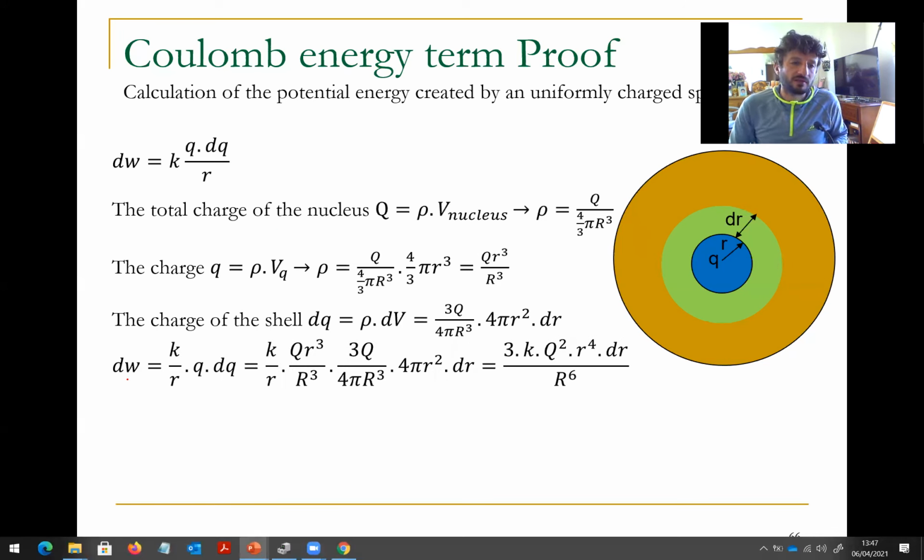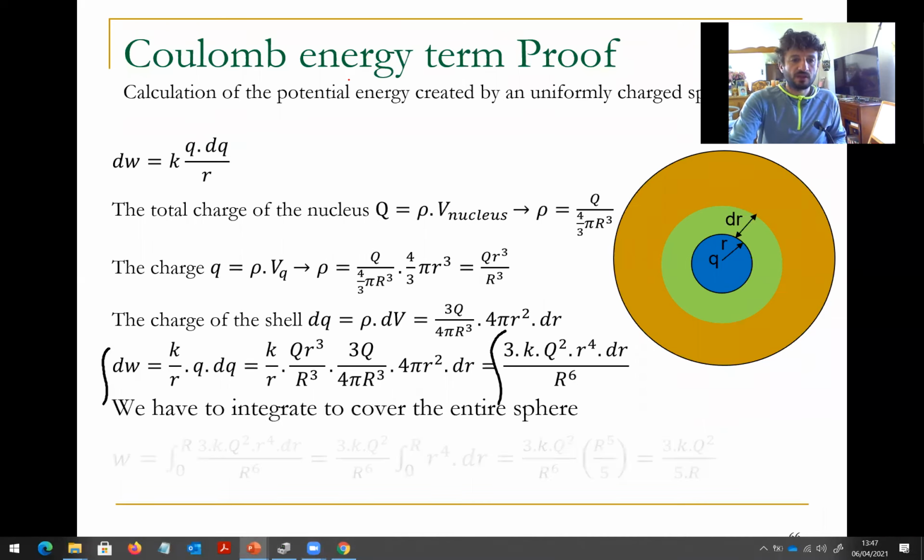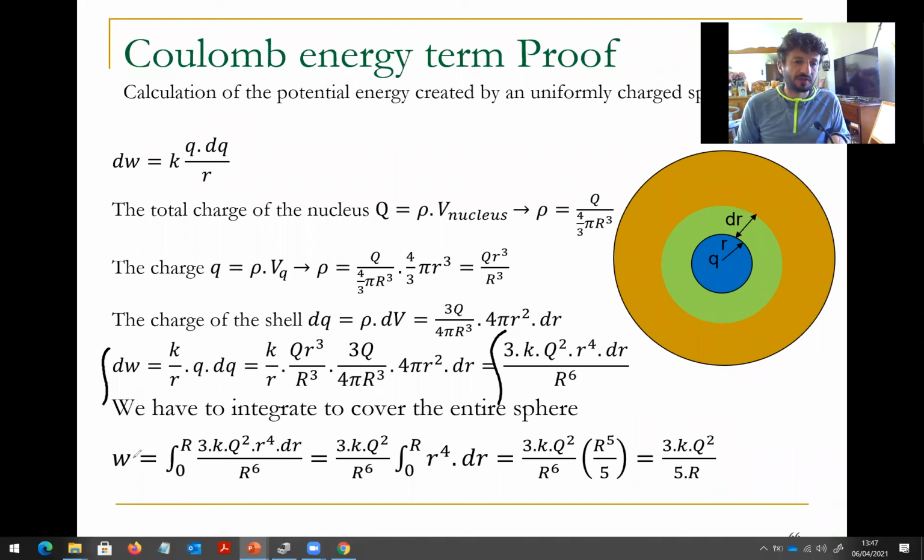Now to calculate the total work applied, we have to integrate dω, the integration of this term. Here k is constant, Q square is constant.